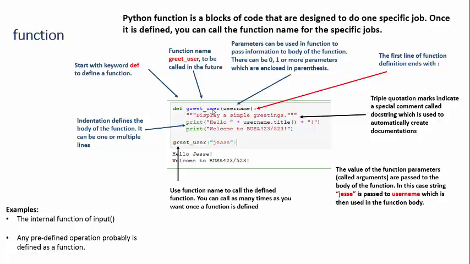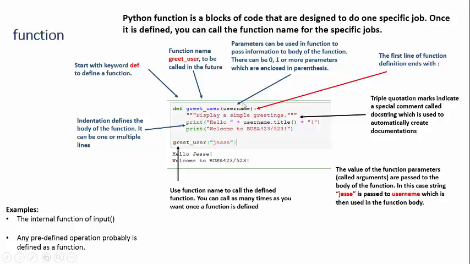You can name your function with whatever name you want, but in Python, it is typically a good idea to make the function name meaningful, such that in the future, when you call the function, you know exactly what it is going to do.